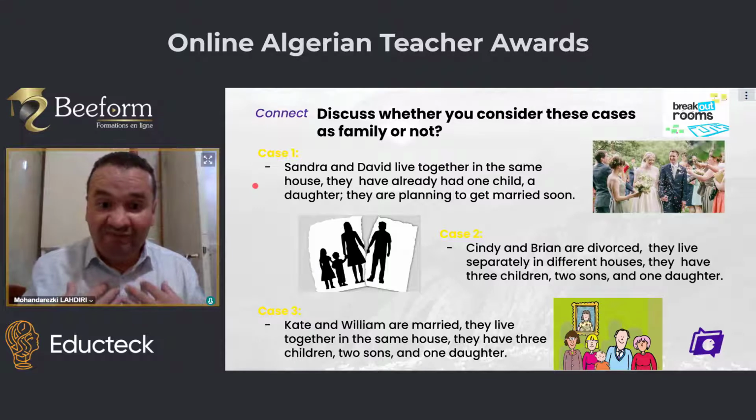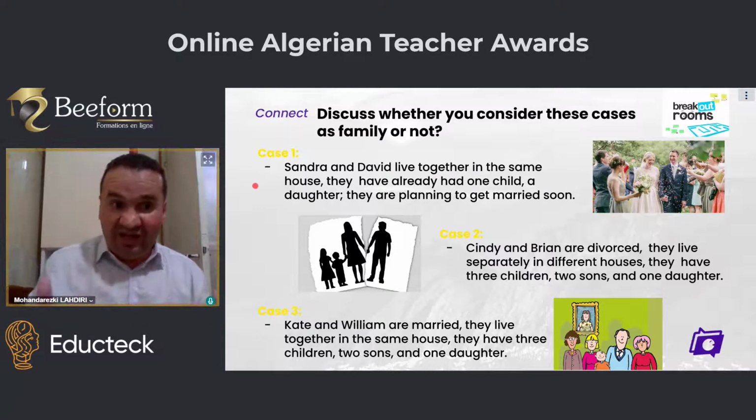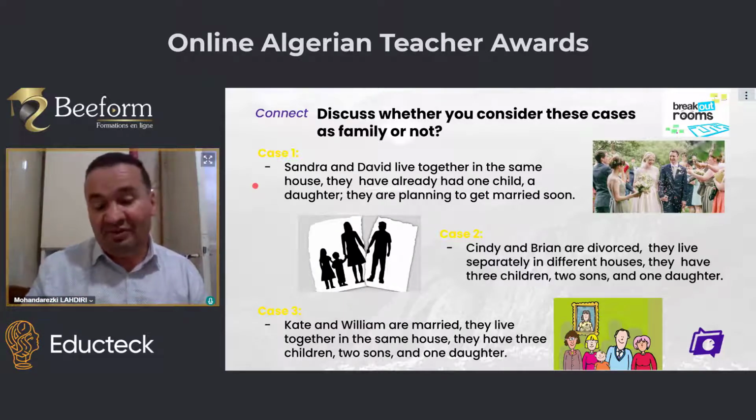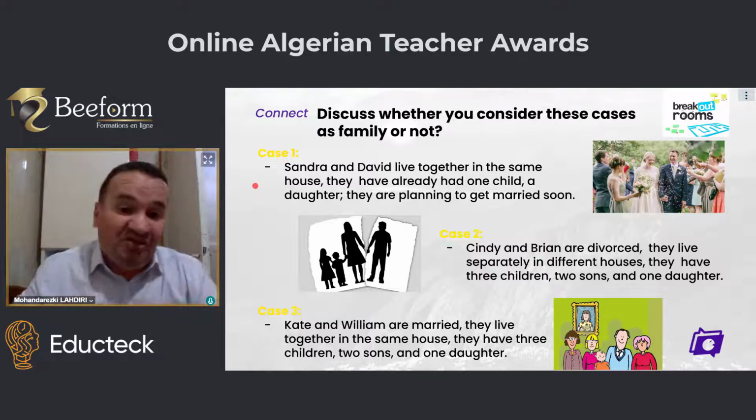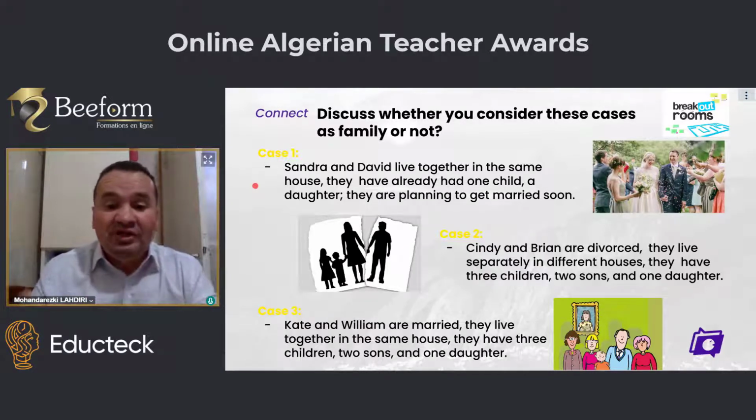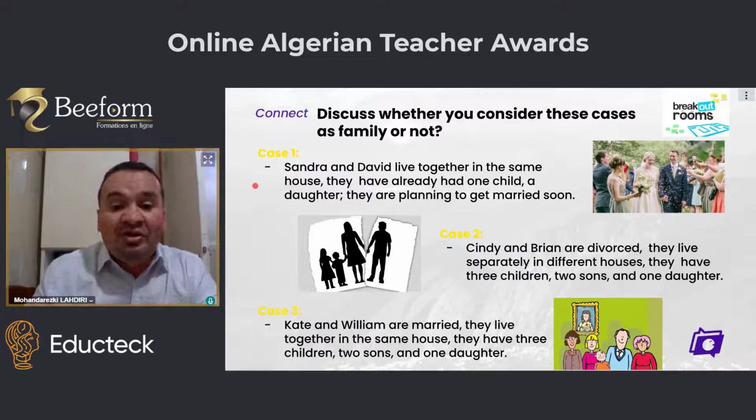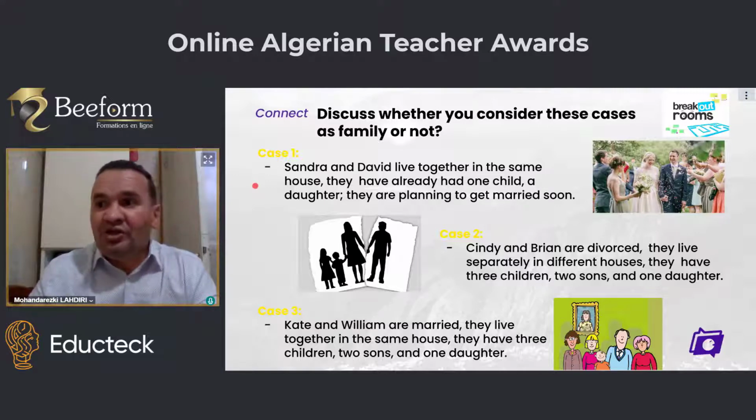So my question now, you as a classroom, let's suppose that you come from different cultural backgrounds. I want your answer and tell me if you consider this as a family. Here is the point. Surely some of you who live in a particular cultural background would say, this is not a family for me because in our culture, we are Muslim, we cannot have a daughter before marriage.